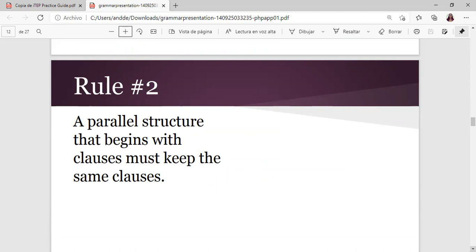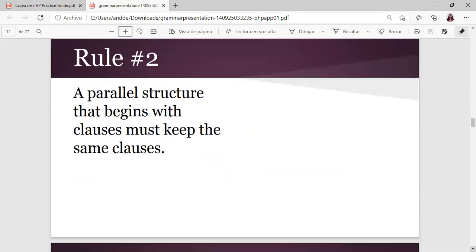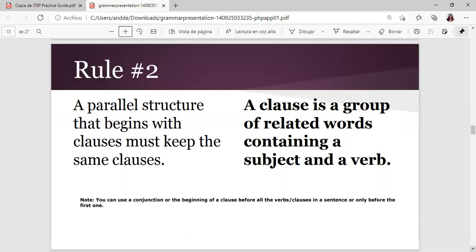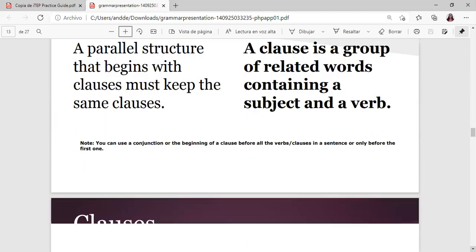Then, rule number 2: a parallel structure that begins with clauses must keep the same clauses. We're gonna see how. Here we have some examples. A parallel structure, like a clause, is a group of related words containing a subject and a verb. That's what I was mentioning about the subject and verb agreement. We're gonna see how.